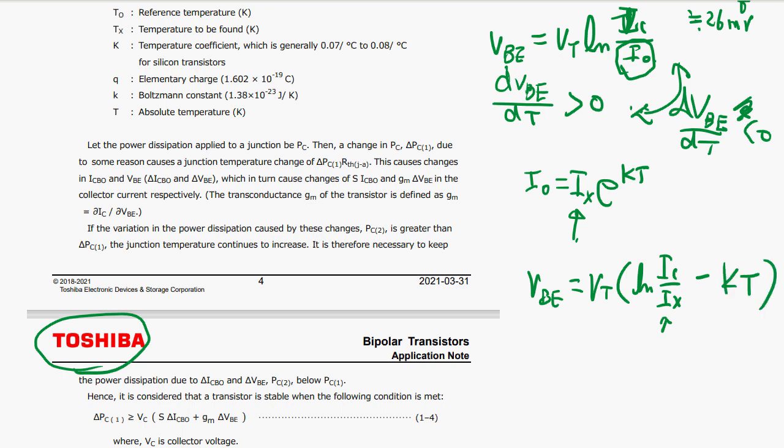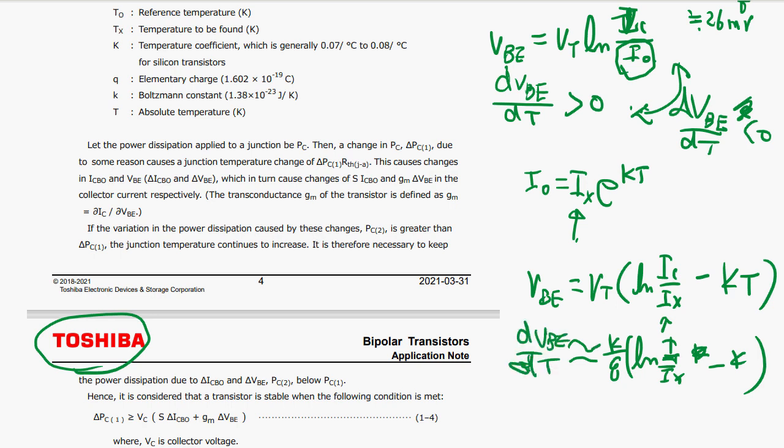If you take derivatives, it is approximately k over q times log of IC over Ix, minus k, and so on for d(VBE)/dT.